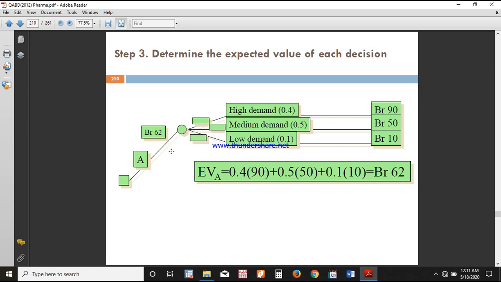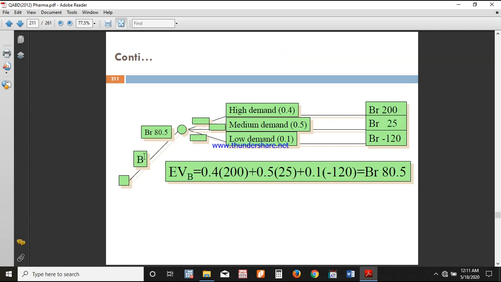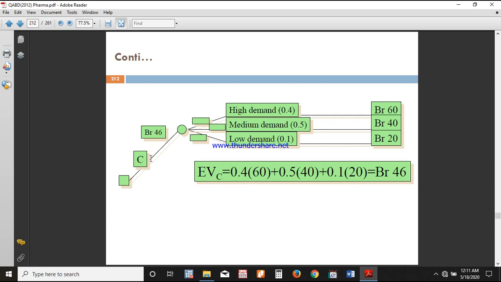You bring the 62 here, and next you find the value of B by multiplying the probabilities with the states of nature, finally obtaining 80.5. You bring this 80.5 under the EMV of B, and for C you multiply 0.4 times 60 plus 0.5 times 40 plus 0.1 times 20, and the result is 46.